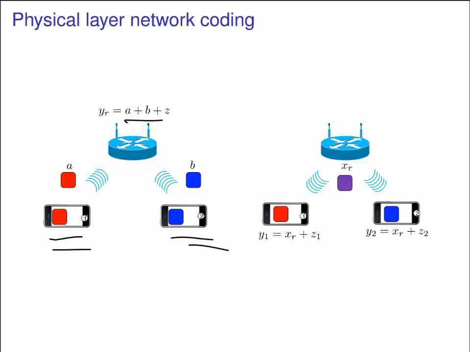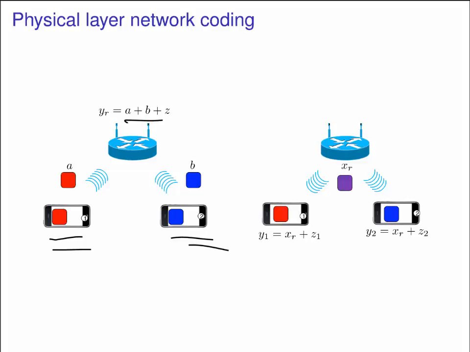However, the main principle is that the relay doesn't really need to know individual packets A and B, because it's just helping. If the relay receives the combination, for example, just the sum of packets A and B, plus some noise, then in the next stage it will try to get rid of this noise using techniques of channel coding to denoise it, and broadcast this combination again to nodes 1 and 2.